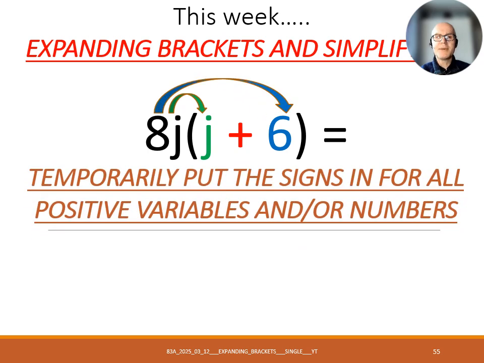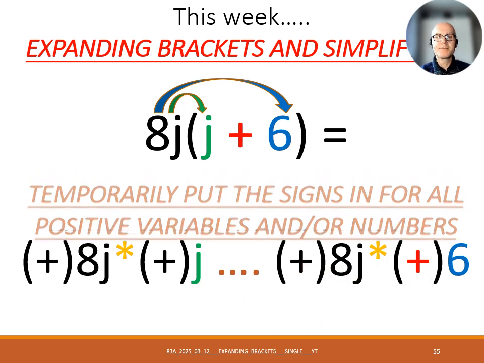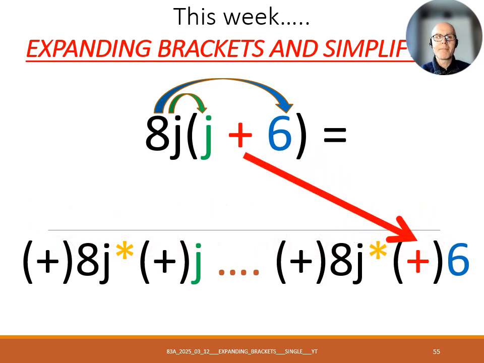Put the positive signs back in. Positive 8j times positive j. Positive 8j times positive 6. Here's where the positive sign comes from for the positive 6.